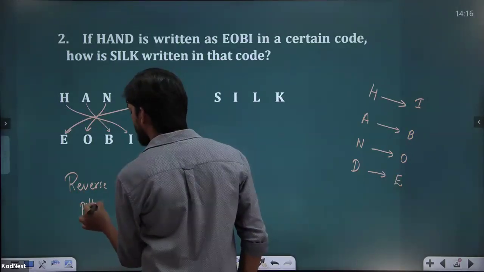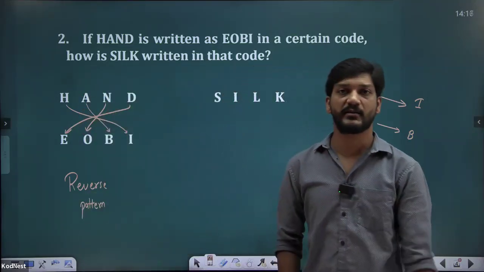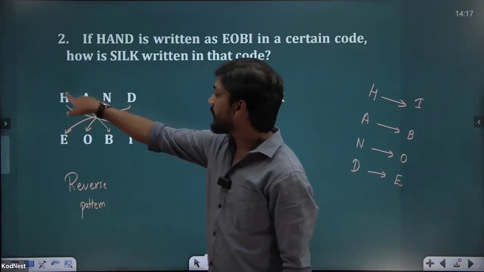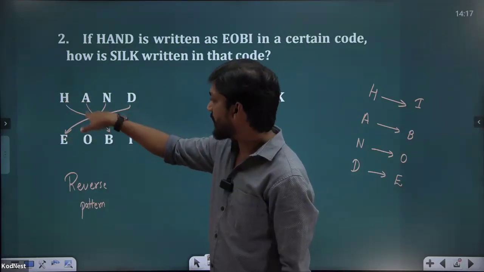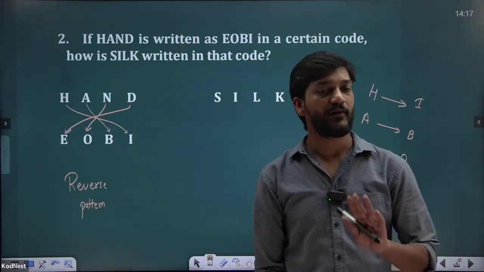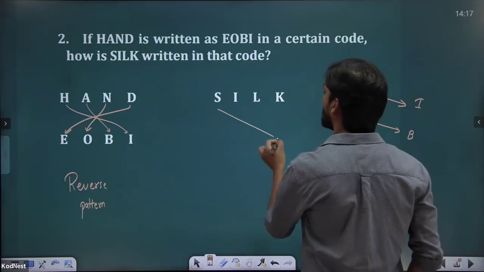Coding of the letter is the same, but coding of the word has changed because of the place. Because of the place at which we are writing the code of each letter, we are not writing the code at the same place, we are writing in reverse order. So this way we will get the required code. So here also we'll do the same thing.